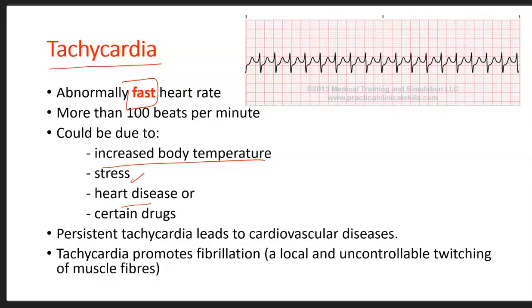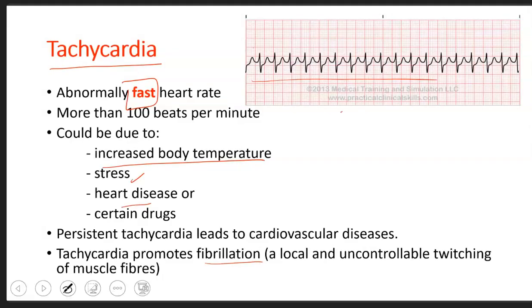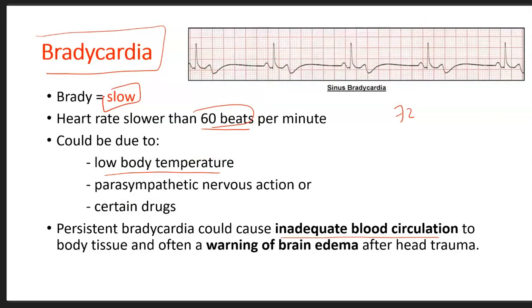So it promotes fibrillation, which is a local uncontrollable twitching of the muscle fibers. So as you can see, the ECG, so there will be more peak, kan. Kalau tengok kat sini, you see more of the QRS, okay, QRS complex tu.